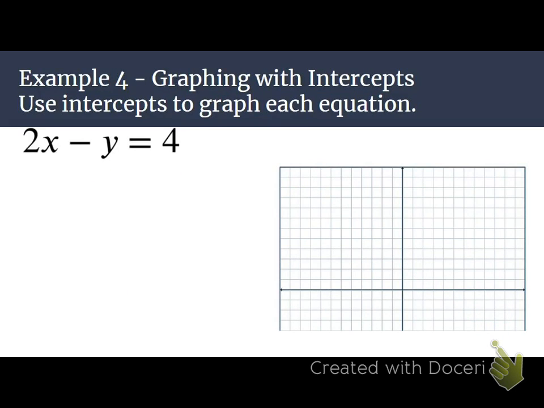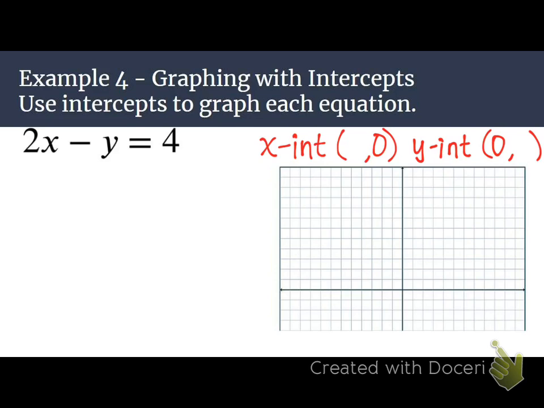Example 4. Again, we are finding our x-intercept, which means 0 goes in for the y, and we find our y-intercept when 0 goes in for the x.